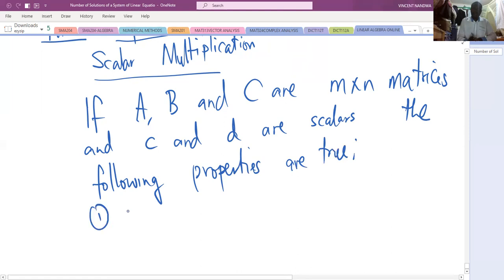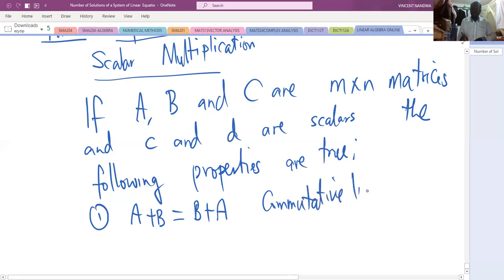So one, A plus B equals B plus A is called the commutative law. When you change the order, you get the same result. So this is the commutative law.